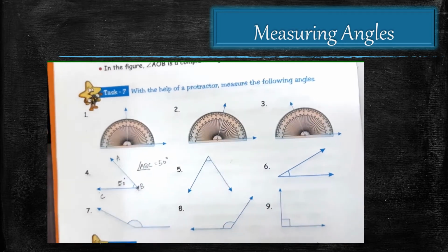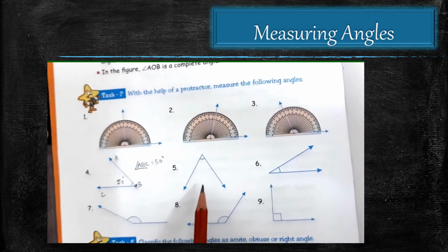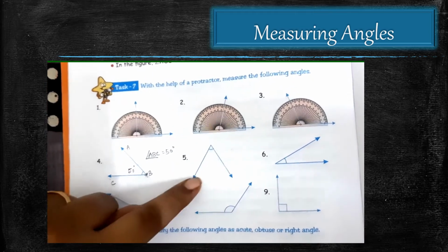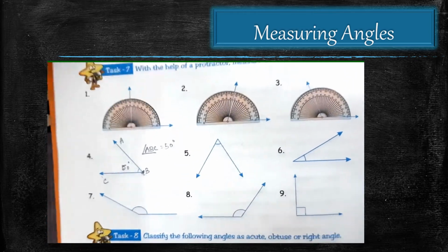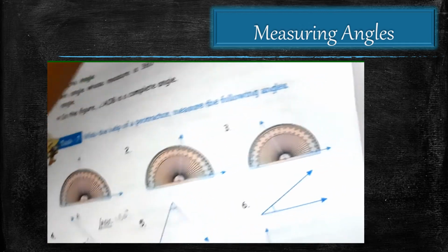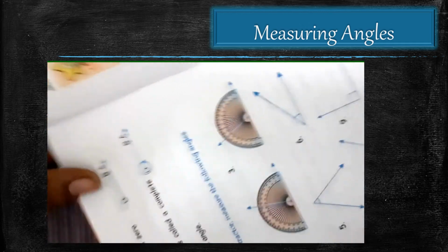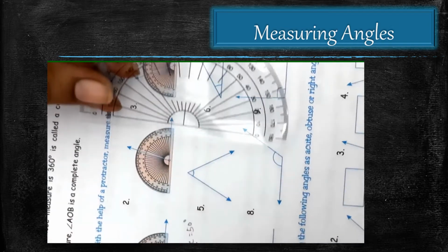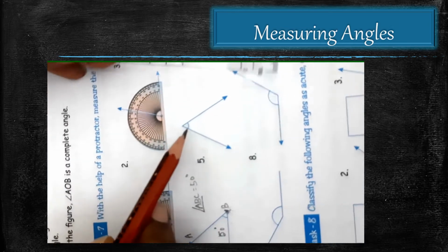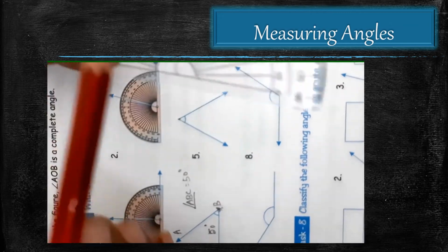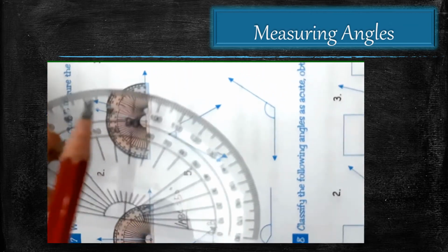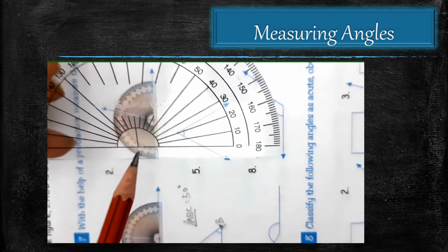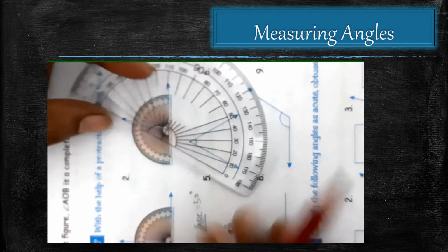Now let us try one more sum. Consider this fifth sum. Can you see that they have given the angle in an upside down position? You can rotate your textbook and keep your protractor like this. So now here is the vertex. We know that the midpoint should exactly touch the vertex.